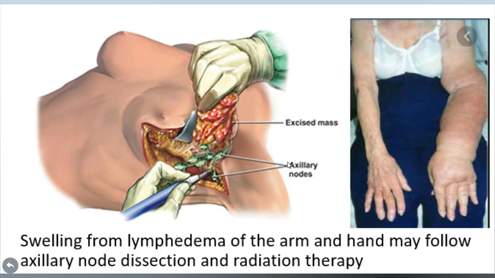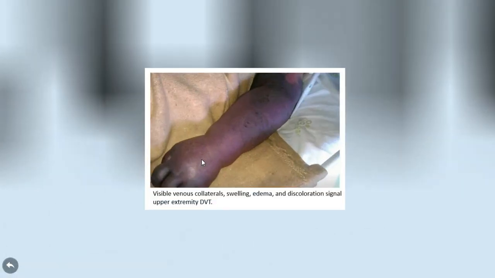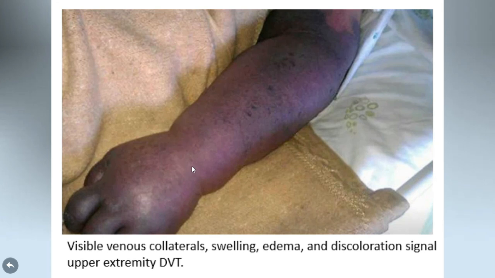Now this one is obviously asymmetrical, and there is an enlarged left upper extremity, and this can be secondary to axillary node dissection and radiation therapy, usually done in a patient with breast CA. So they include the removal of lymph nodes. Okay, so skin color: this visible venous collateral and discoloration is suggestive of upper extremity deep vein thrombosis.